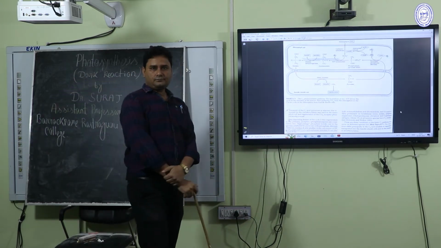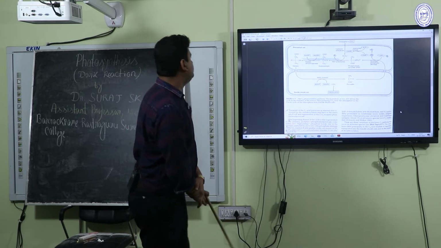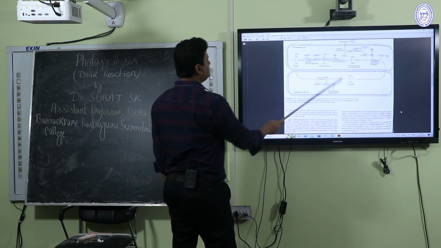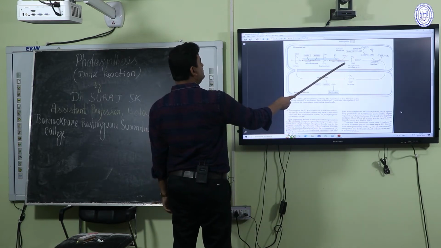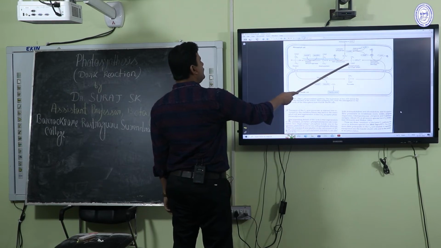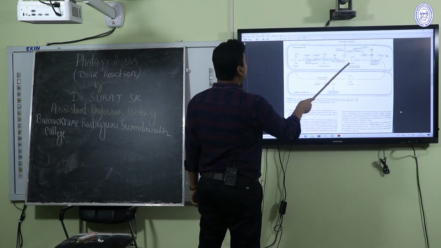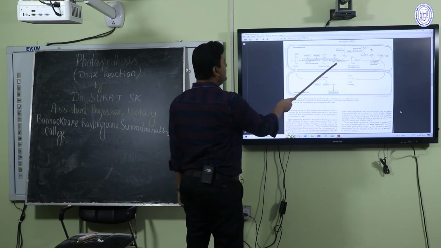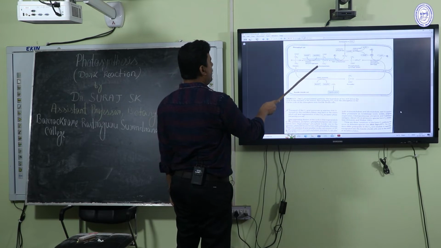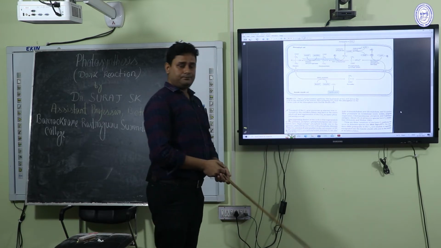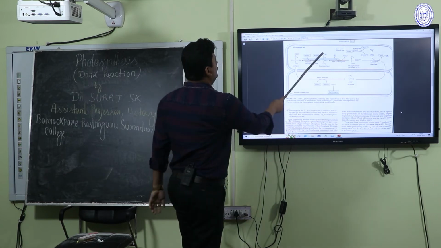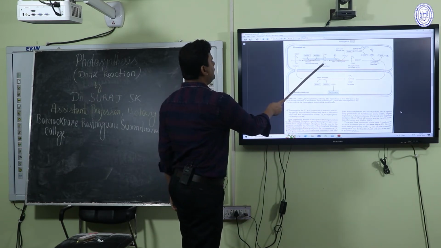Now, coming to the details. What happened? So, look here. This is phosphoenol pyruvate, and phosphoenol pyruvate, with the help of the phosphoenol pyruvate carboxylase enzyme, will produce oxaloacetate. This oxaloacetate is 1, 2, 3, 4.